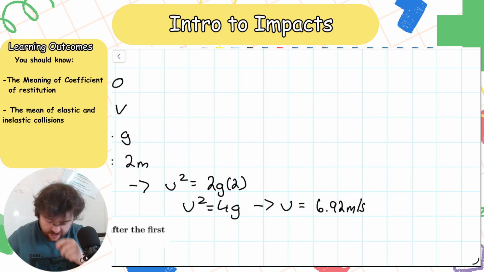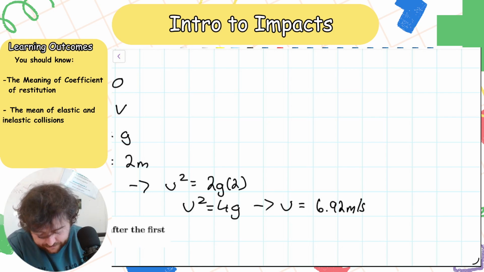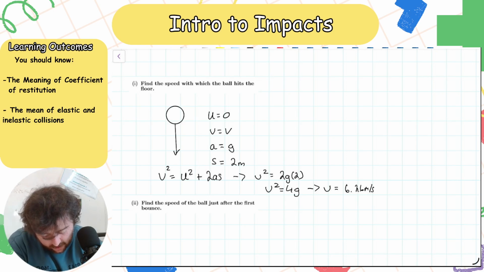Yeah, actually no, 6.26. Wait, 4 times 9.8, try with that. I do apologize, 6.26 meters per second. So the ball is hitting with a speed of 6.26 meters per second.